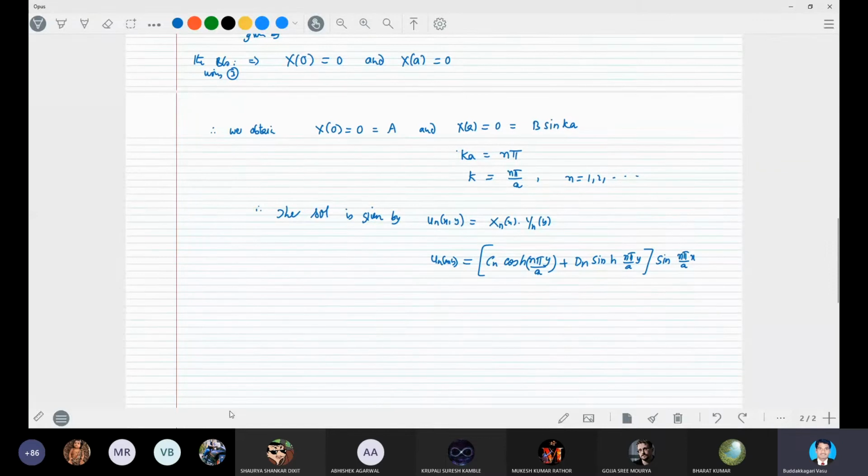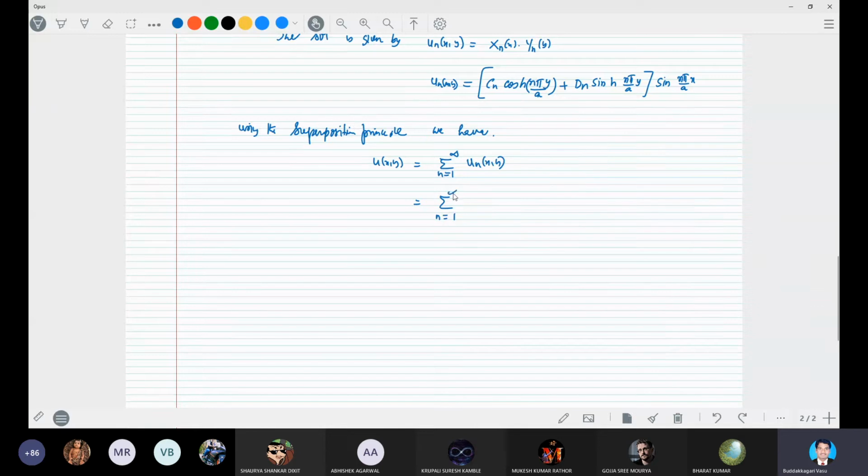By using the superposition principle, we have the required solution: u(x, y) equals sigma n equals 1 to infinity of u_n(x, y), that is, sigma n equals 1 to infinity of c_n cosh(n pi y by a) plus d_n sinh(n pi y by a), into sin(n pi x by a).